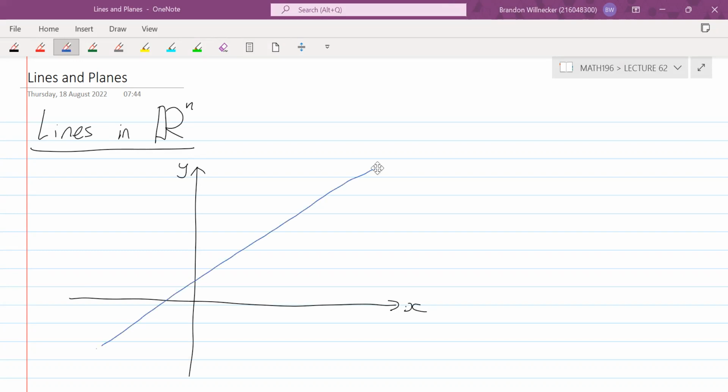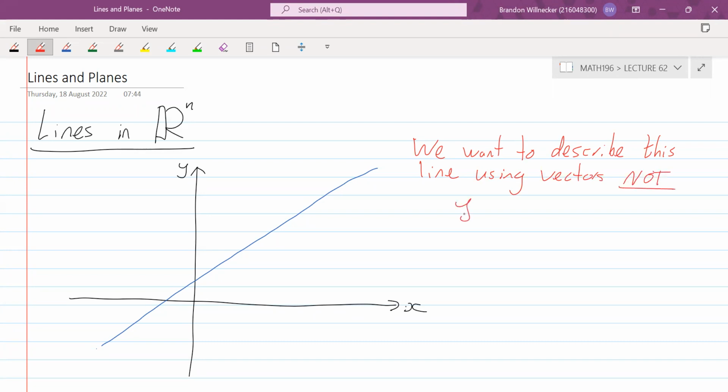What we want to do is try and describe this line, but not using y equals mx plus c, like you've learned before, but using vectors.